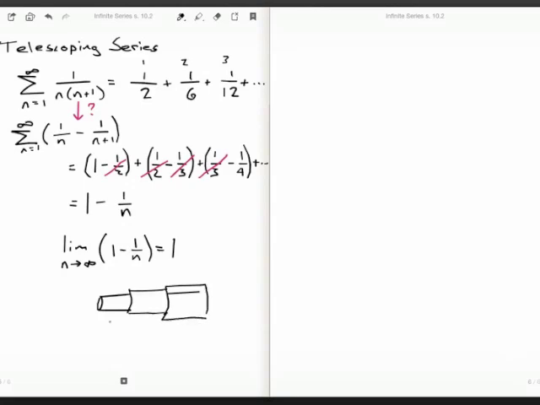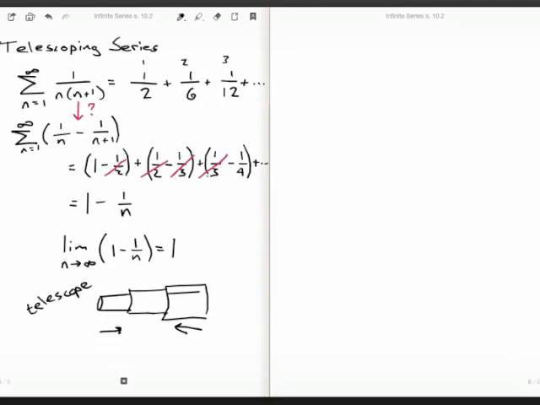And then, when he's done using his telescope, he just takes this and slides it that way, and then this and slides it that way. In case you're wondering what this is, that's a telescope, like the old pirate's telescope. And so it collapses like that. All we're left with is 1. All the middle stuff kind of disappears, and we're left with just the two ends. So telescoping series. So that equals 1.